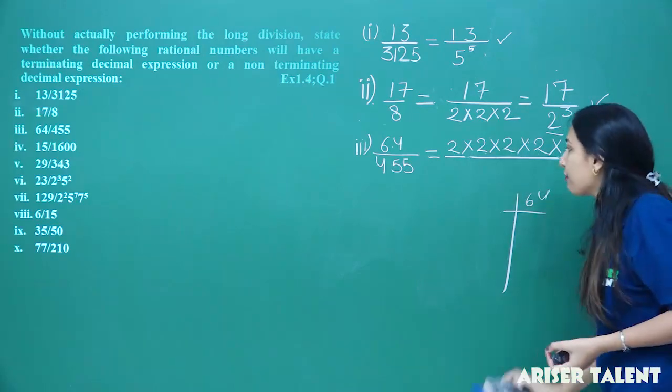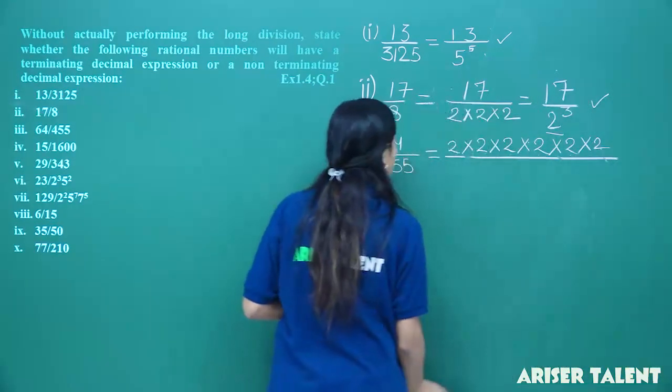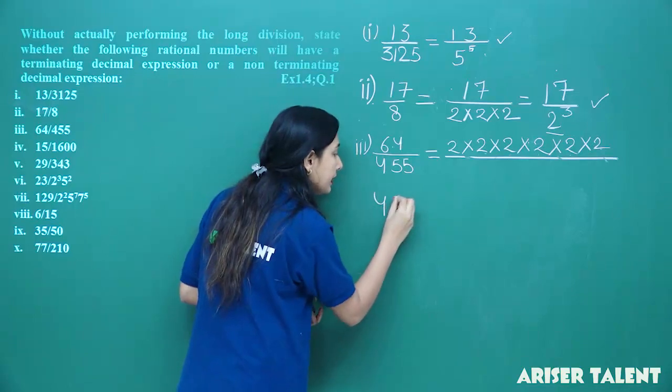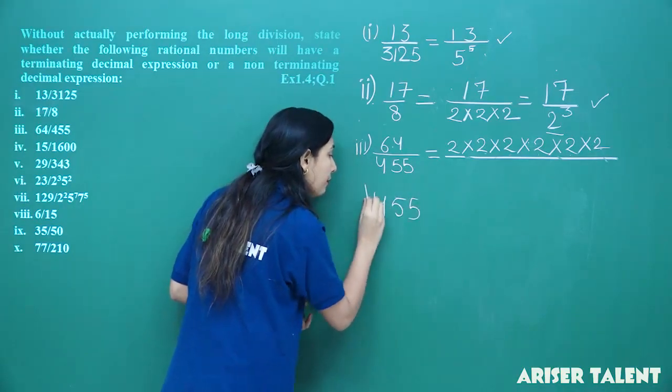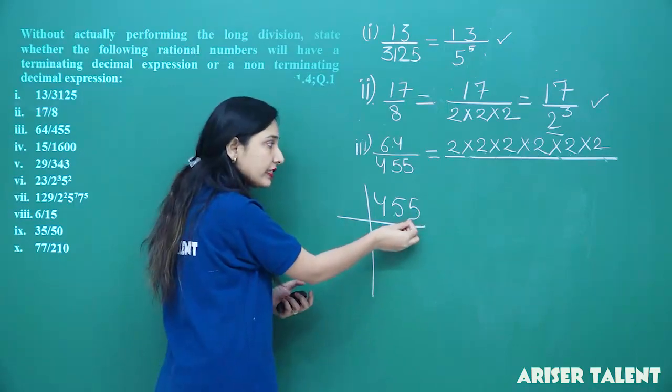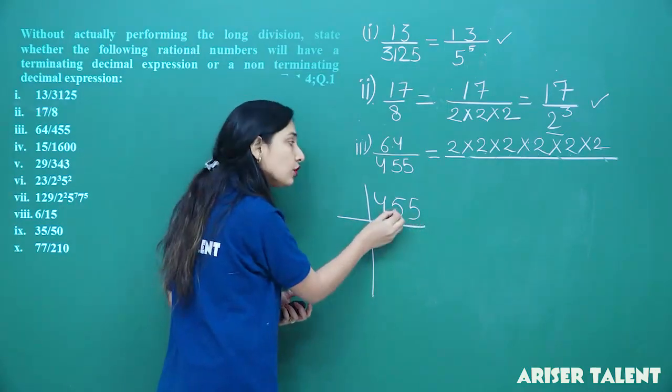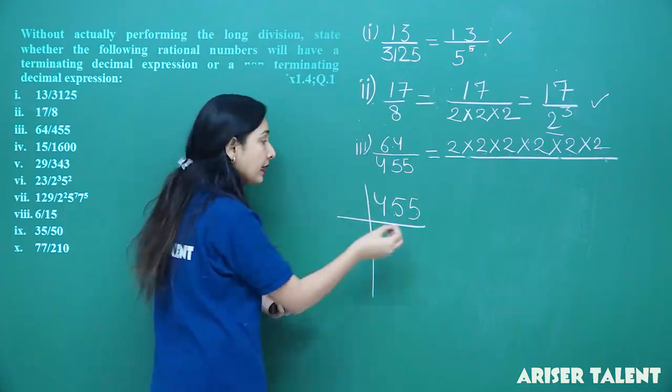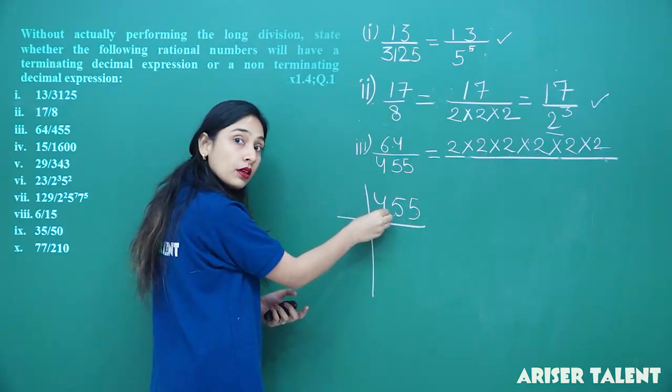So this is the prime factorization of 64. Now 455: it's not obviously divisible by 2. It ends in 5, so it is divisible by 5, and the sum of digits is 4 plus 5 plus 5, which is 14.